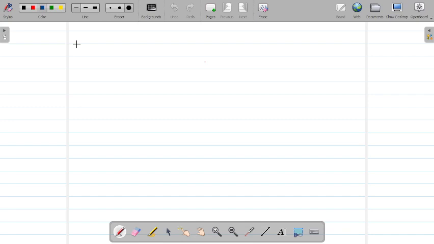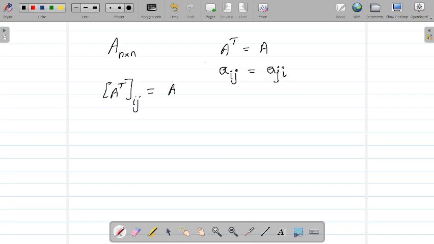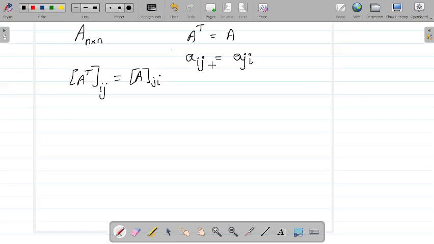In other words, if you take A transpose and look at the ijth entry, that is the same as the jith entry of A. Now I need to know how many elements I need in this symmetric matrix. If I know Aij, then I know Aji, because they must be equal.